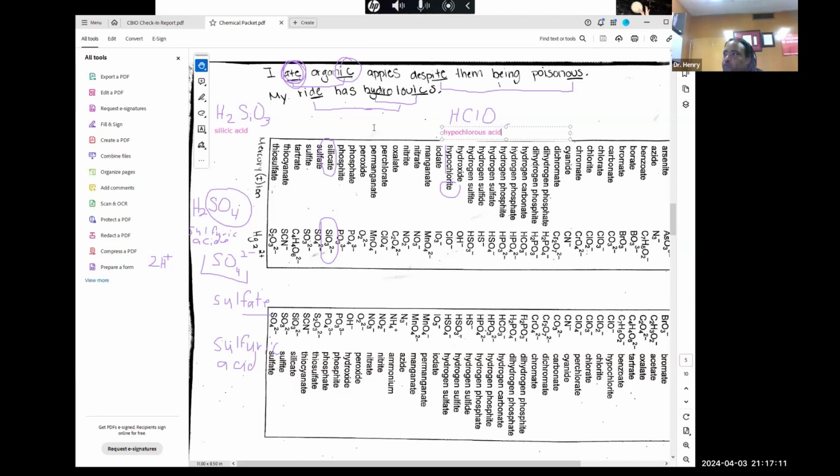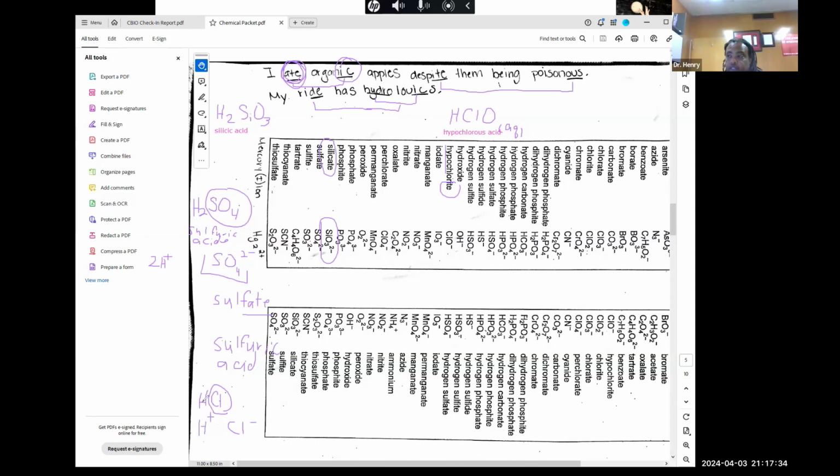So for this last one, when we have HCl, we know this is called the chloride ion, because it's Cl minus, and that's going to be H plus in this case.